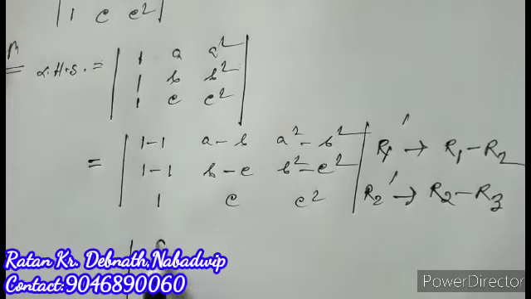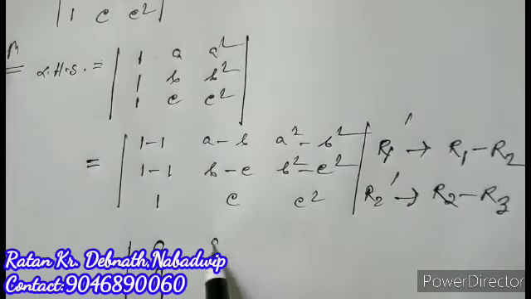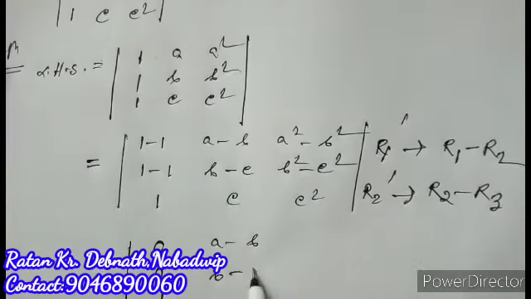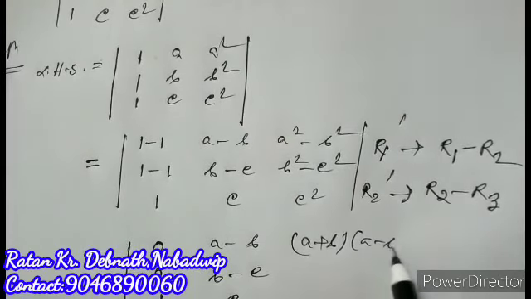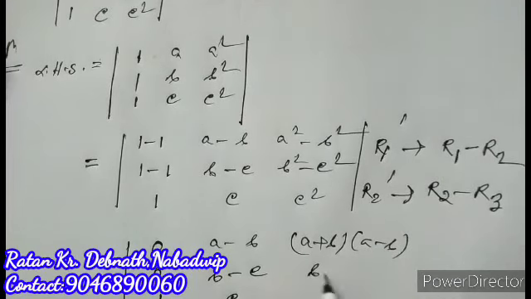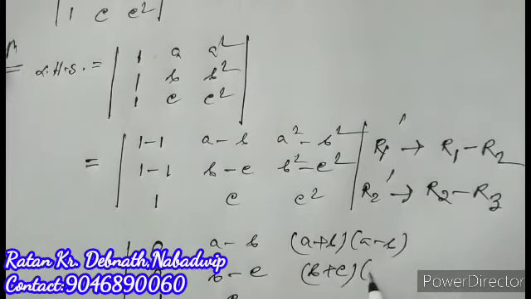Now 0, 0, 1; a minus b, b minus c, c; a plus b into a minus b, b plus c into b minus c, c square.